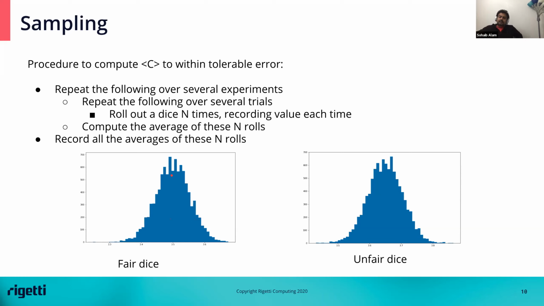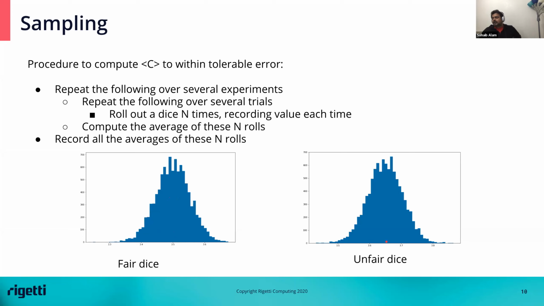Now if I plot the distribution of what these averages look like, it will look something like this. Notice two things. In both the case of the fair dice and the unfair dice, it looks like a bell-shaped curve. In the case of the fair dice, it's centered around its average value, which is 3.5.